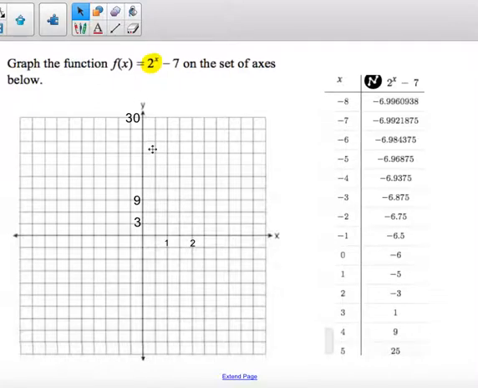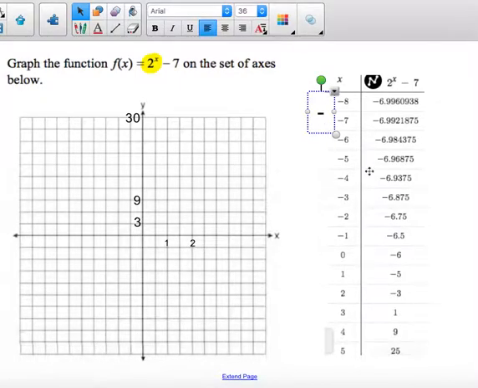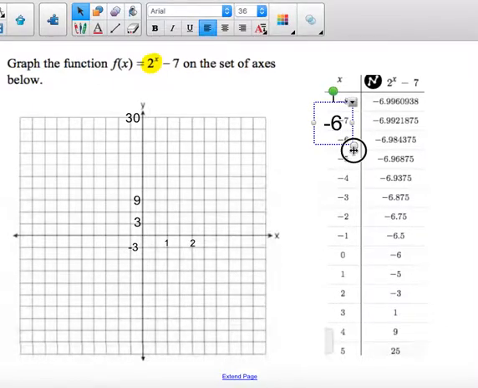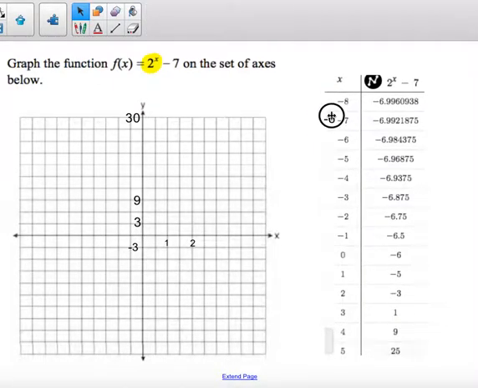All right, so now that we've decided on this scale, I do want to draw in that asymptote that we said we had at y equals -7. So if we're moving up by 3s, then this first box is -3 below 0, and then -6. And then that means that y equals -7 is going to happen in between -6 and -9, but definitely a lot closer to -6 than to -9.